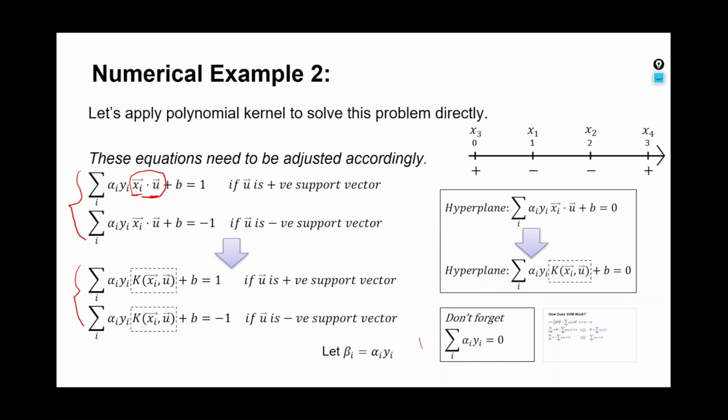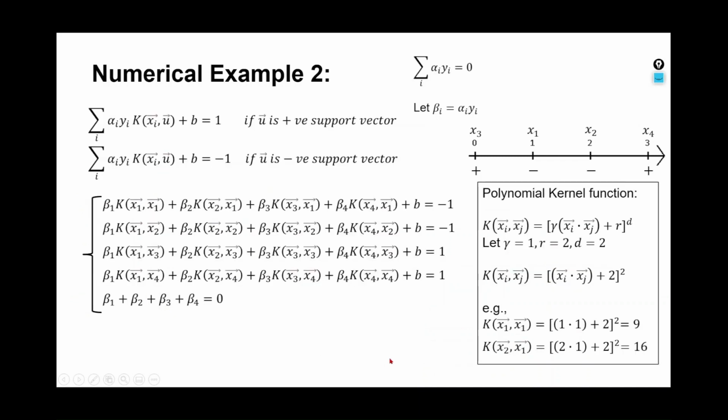And also do not forget this very important derived equation: let beta i equal alpha i yi, same as what we have done previously. So now these are our three equations that we have.